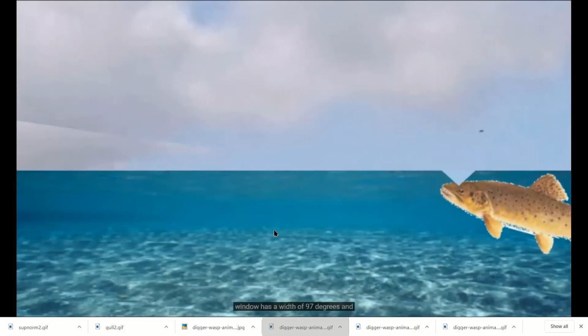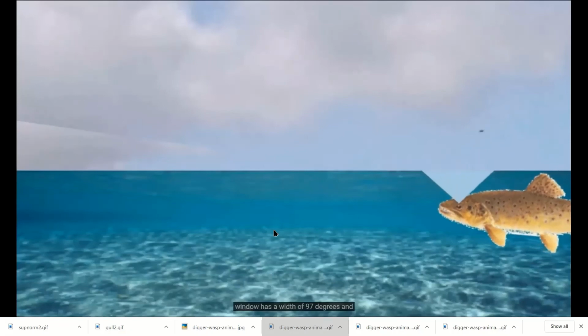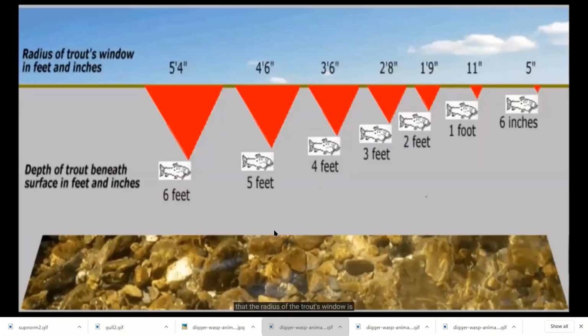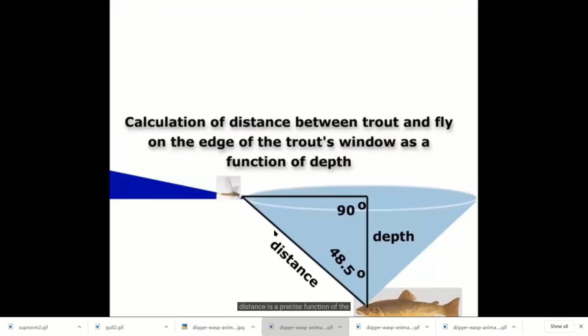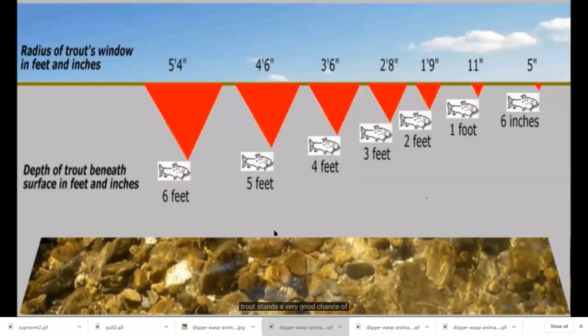We know that the trout's window has a width of 97 degrees, and that the radius of the trout's window is a precise function of the depth of the trout in the water, and therefore the distance between the trout and the insect can be calculated, because this distance is a precise function of the depth of the trout in the river. The trout stand a very good chance of successfully ingesting a fly if they drift downstream, keeping the insect on the edge of the window.